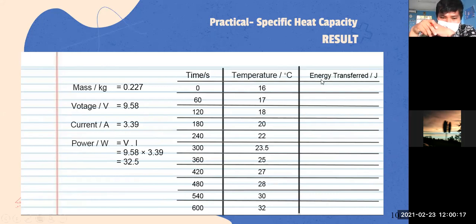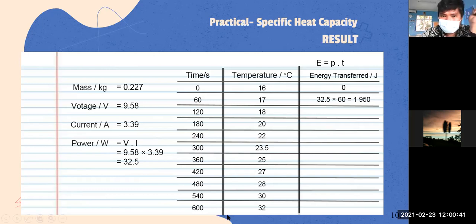Now, look at the energy transferred. The energy transferred is equal to power multiplied by the time. When the time is 0, the energy transferred is 0. When the time is 60 seconds, we calculate 32.5 multiplied by 60, which is equal to 1950 joules.